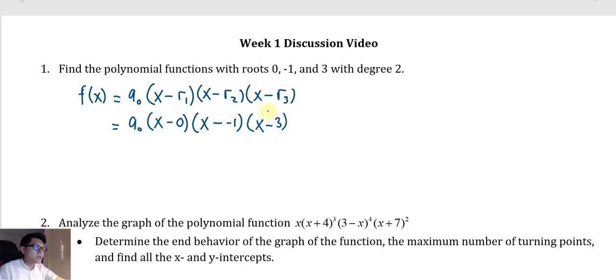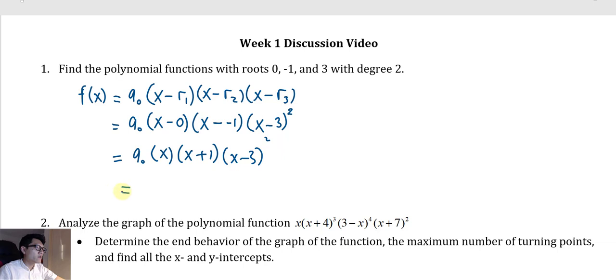However, this last factor, the root with the solution 3, has a degree of 2, so make sure that you have the power of 2 on the last factor, and then we can clean up and simplify the factors here. So a0 is still there, x minus 0, which is x, minus becomes plus, and then (x minus 3) squared.